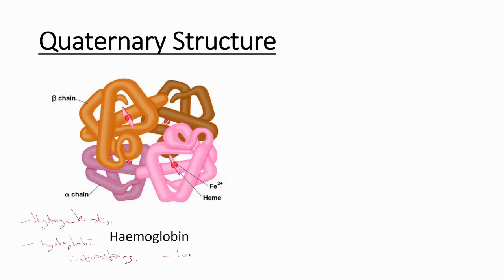Finally, we can have ionic interactions. Ionic interactions are found in the form of hemoglobin which is not bound to oxygen. Remember that we're looking here at interactions between different polypeptide chains.